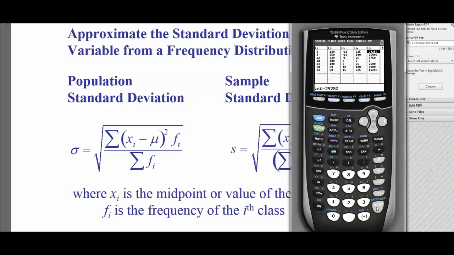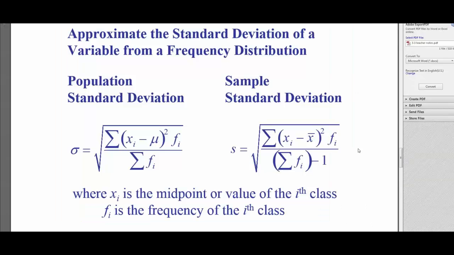All right, then I'm going to enter that. And let's see, so I need to sum this up and sum up the frequency. Probably should have a conversation about whether or not we're dealing with sample or population, but in both cases we need to sum up all of these things.